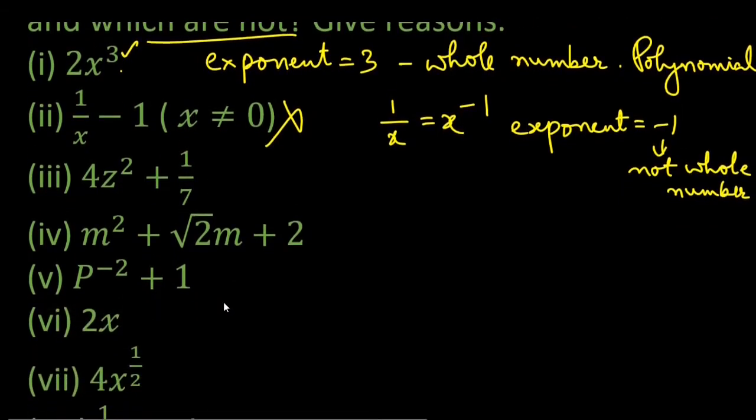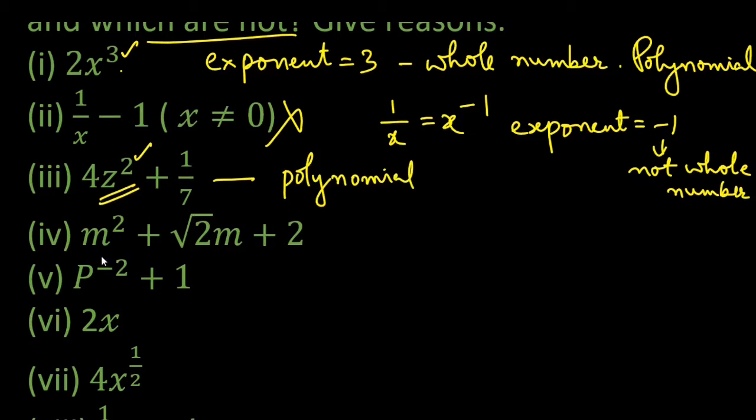Third one, 4z square plus 1 by 7. So here z power 2. 2 is a whole number. So it is a polynomial. Next one, m square plus root 2m plus 2.